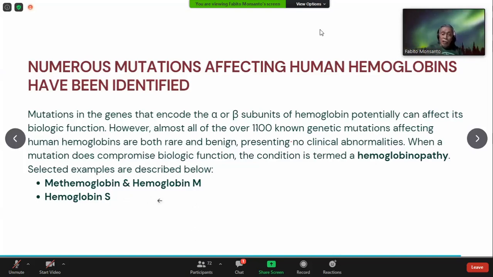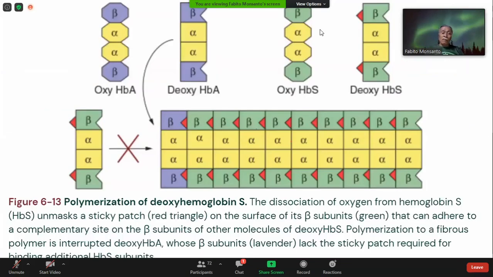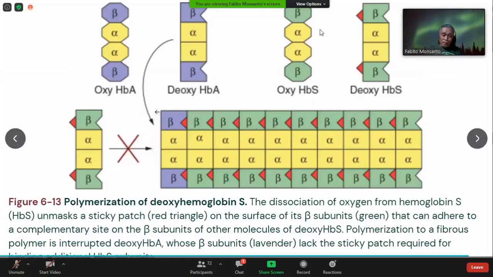Yeah? This is how it is. Polymerization of your hemoglobin. You'll notice that all your hemoglobin are being attracted to each other.